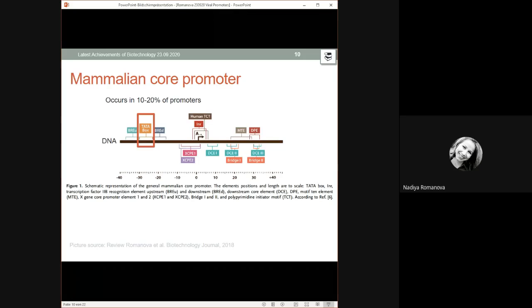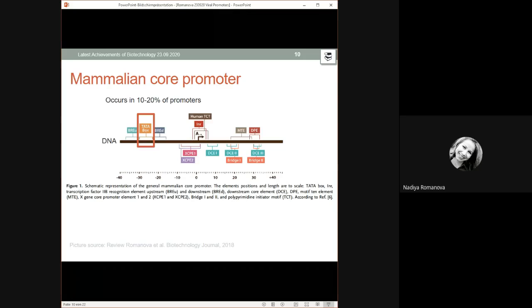The TATA box is a 7 base pair sequence, which is highly conserved from archaea up to mammalian cells. And although it's mostly known and it was first identified, it occurs in only 10 to 20% of the mammalian promoters at all. So you can imagine how diverse mammalian promoters are. They are long, they are very diverse.